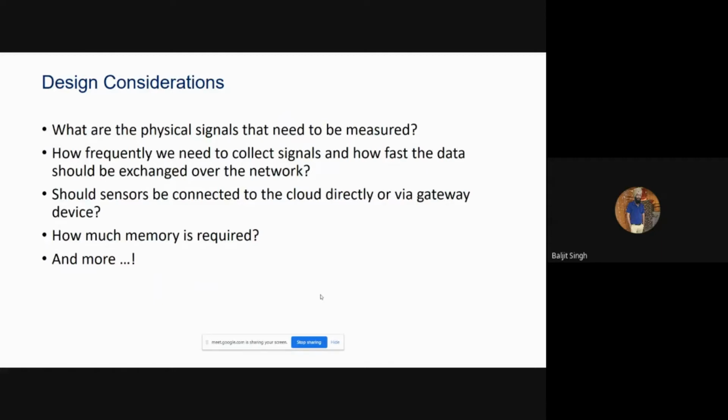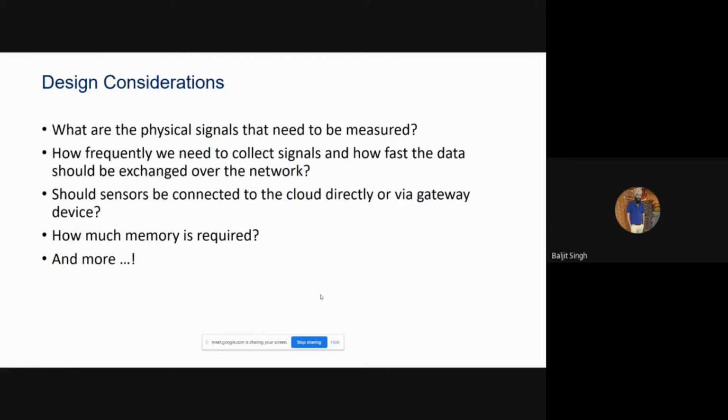Similarly, if you have to design any embedded system based application for any specific application, then there are a few important questions that you need to first discuss amongst your design team. A few of these questions are indicated in this slide.